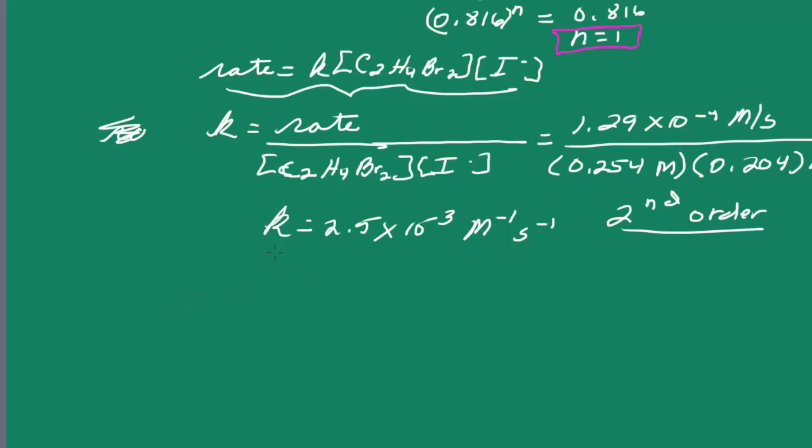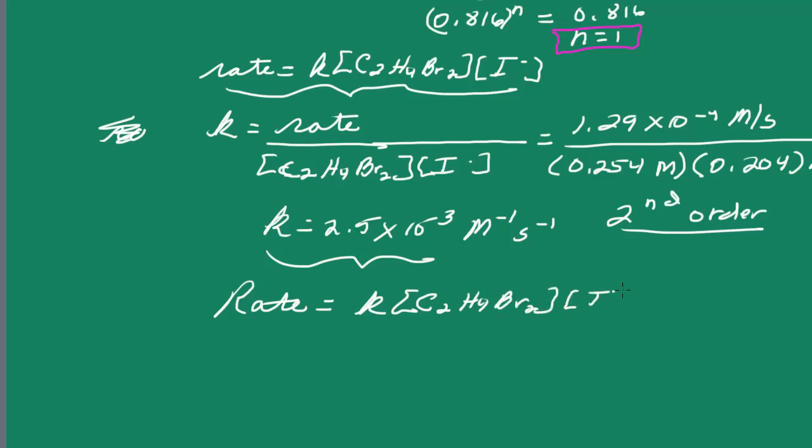We can use our rate constant in order to do that, right? And so we know that our rate is equal to K times the concentration of the 1,1-dibromoethane and the iodide ion.